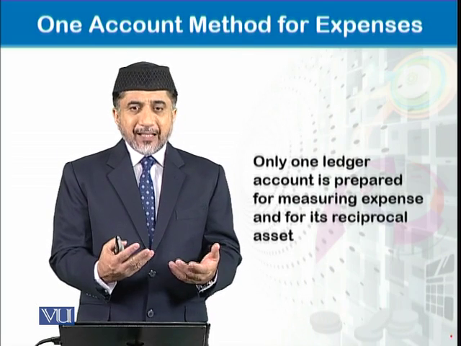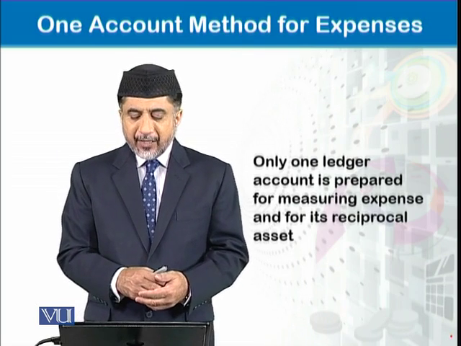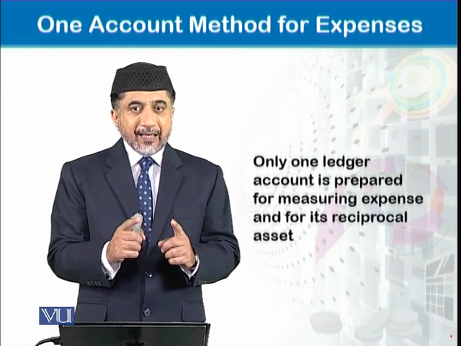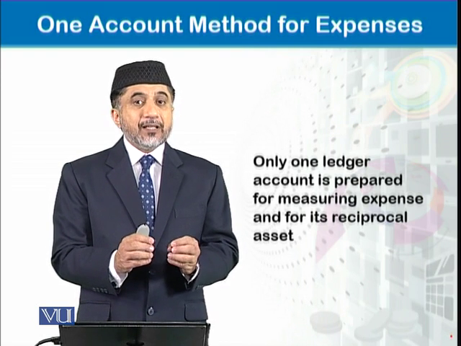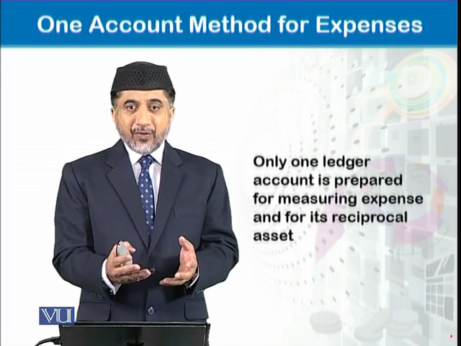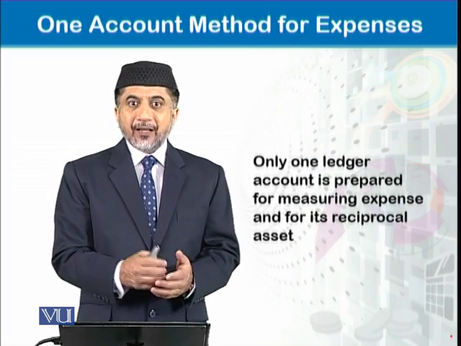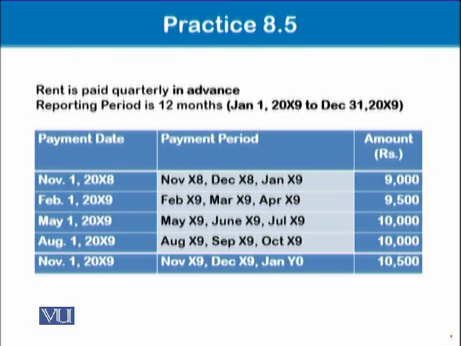In the one ledger account method, we will be preparing only one ledger account which will take care of the expense figure as well as its reciprocal asset figure. So in this practice, we will see that the rent is being paid in advance.